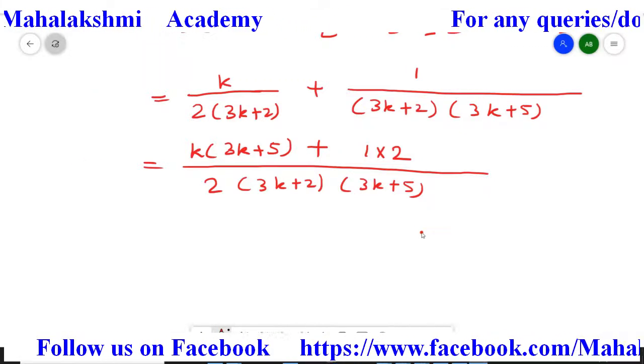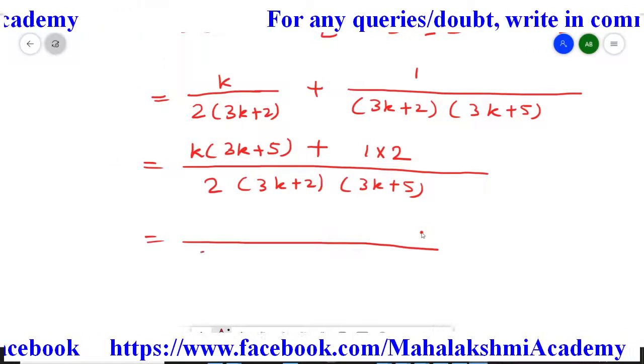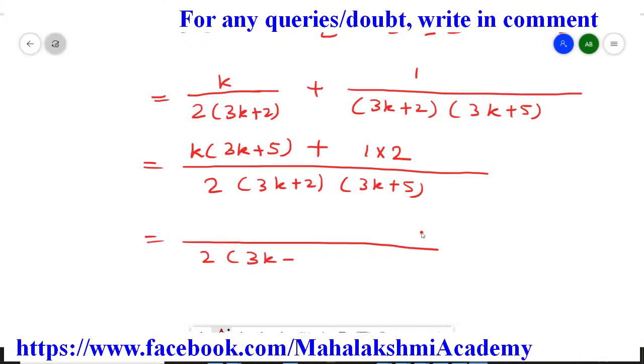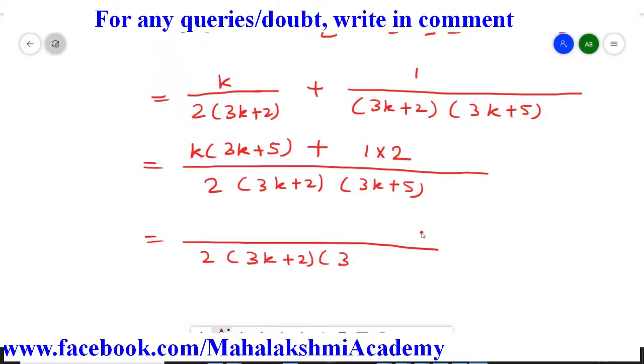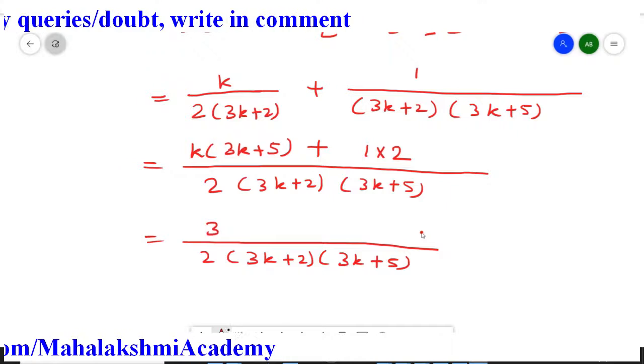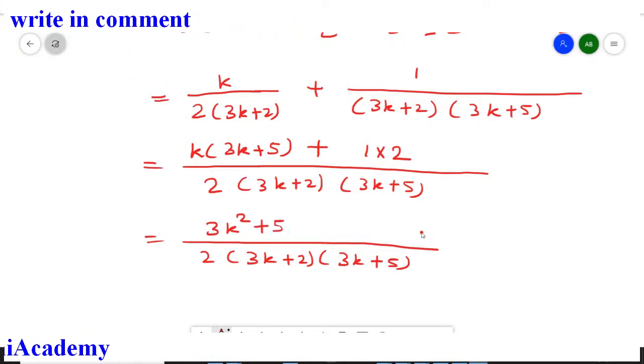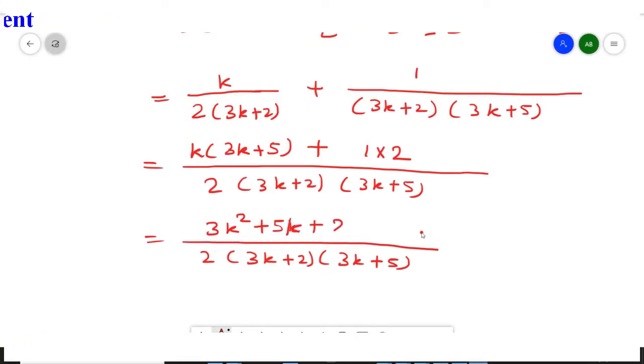When we open it, we are going to get a quadratic equation. So we'll get here 2 as it is, then 3k plus 2 as it is, 3k plus 5 also as it is, and here just open the bracket. So you will get here in the numerator 3k square plus 5k plus 5k plus 2.